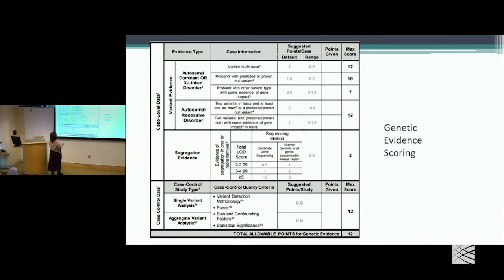You get more points for that. And that's how, sometimes we give 0.1 points if it's just computational, or maybe 1.5 if a functional assay showed that missense variant disrupted function.